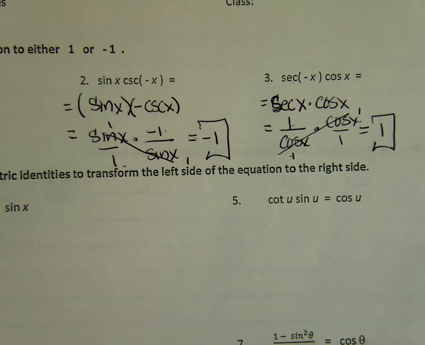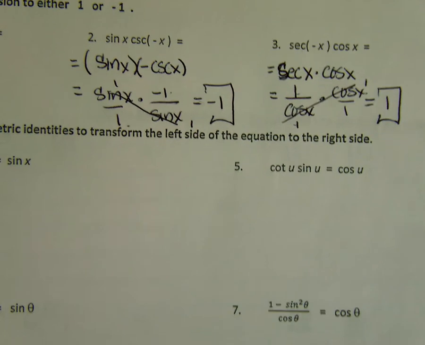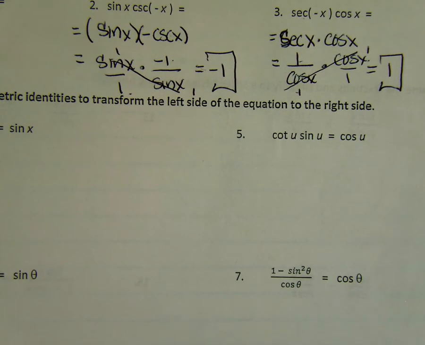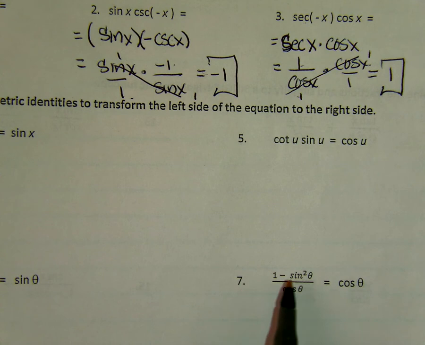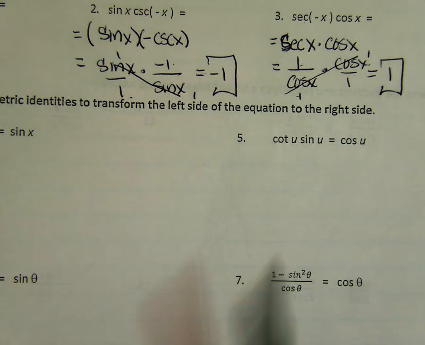All right, let's move down, and maybe we can do 5, 7, and 9 together. So if I were you, I would compare the problems. So look at problem 5, for example, compared to problem 7. In problem 7, I have a trig function being squared. So right away, I'm thinking Pythagorean identity. However, in problem 5, I don't have that.